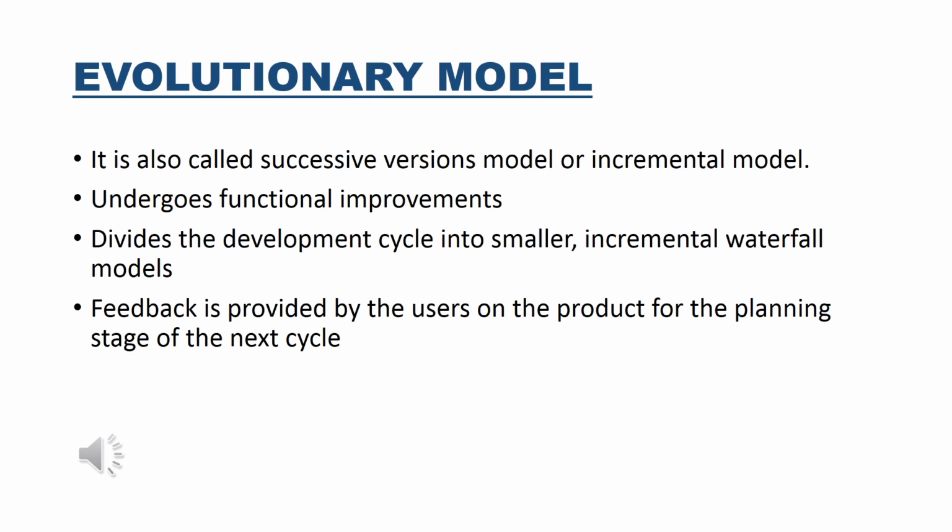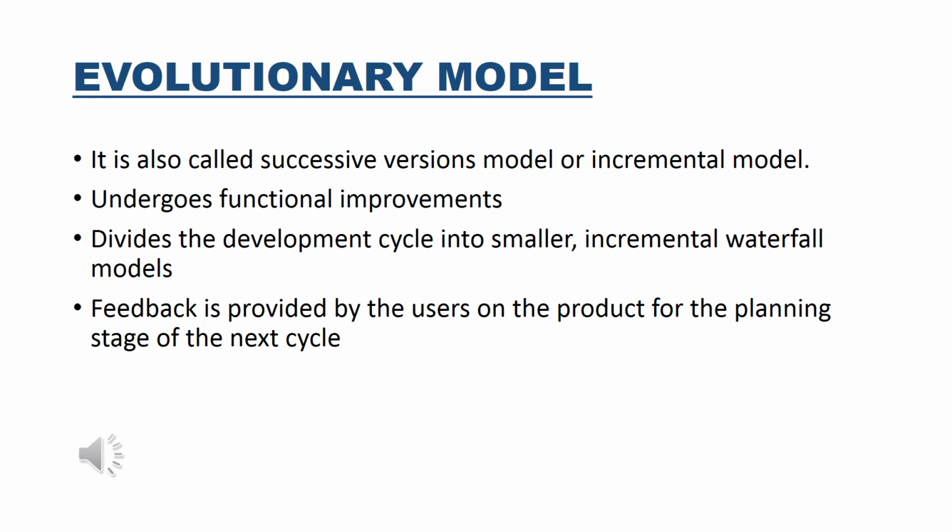Next we'll discuss the evolutionary model, that is also known as the incremental model. In this model, we divide the requirements into groups during the starting of the project. And the SDLC process, that is starting with requirement and going up to deployment, is repeated with each release, adding more and more functionalities until all the requirements of the users are met.